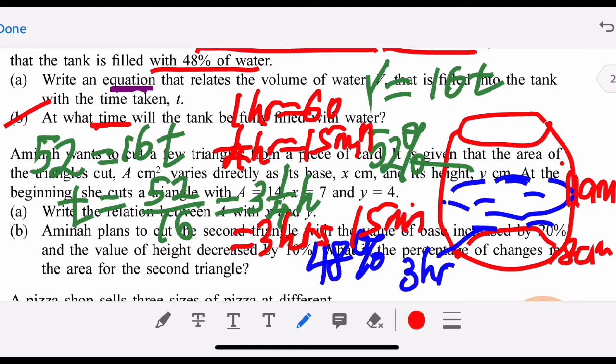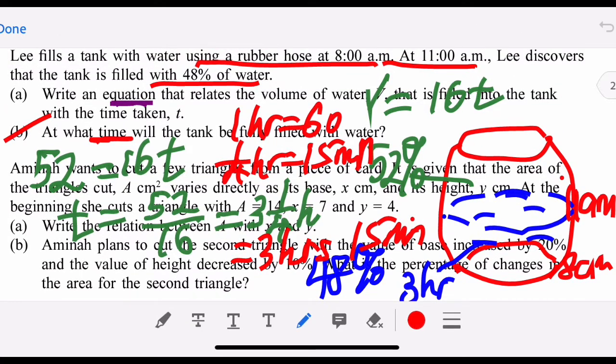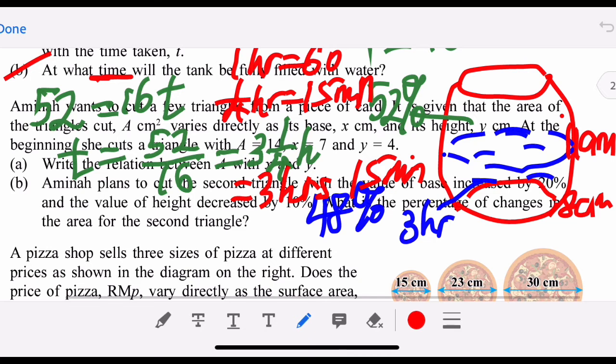So from 11 a.m. we take another 3 hours and 15 minutes. So it means that we will have the tank fully filled with water at time 11 plus 1 is 12, and then another 2 hours 15.